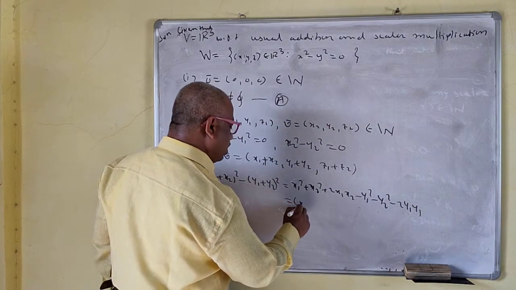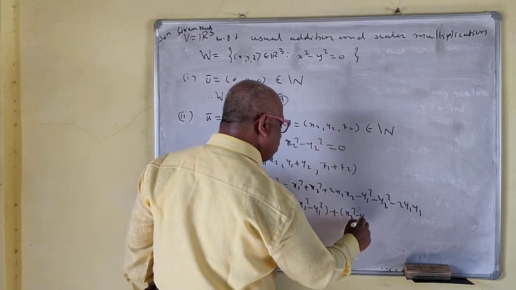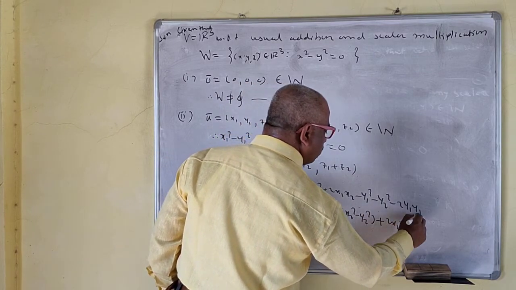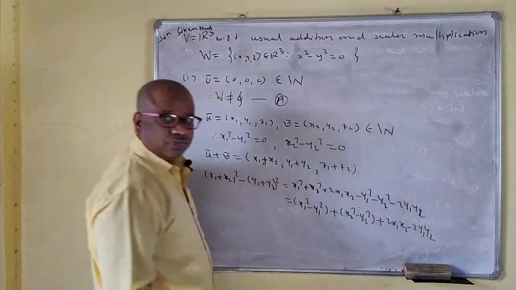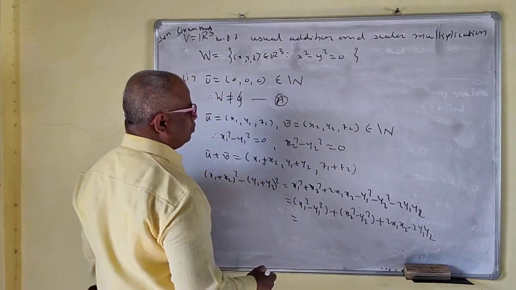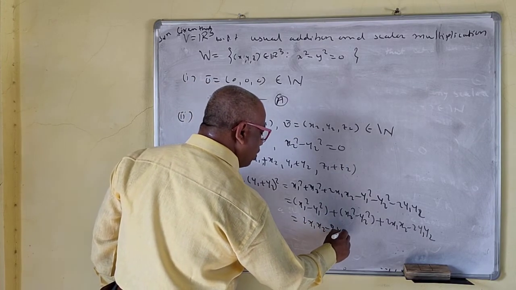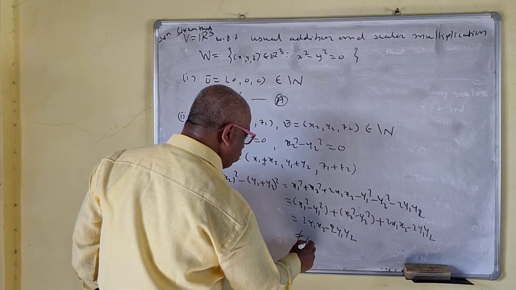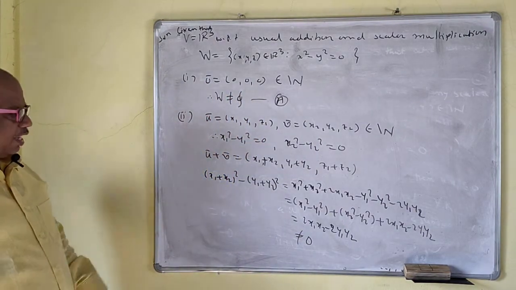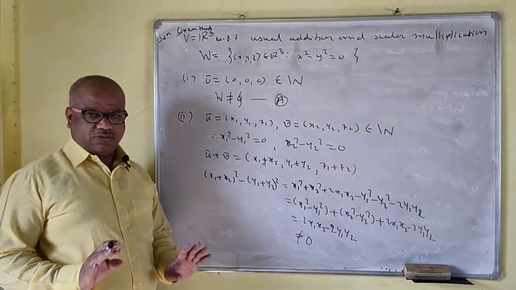So this is x1 square minus y1 square plus x2 square minus y2 square plus twice x1 x2 minus twice y1 y2. Now this is 0, this is 0, but twice x1 x2 minus twice y1 y2 is not equal to 0. It may be 0 but may not be 0, there is a possibility it is not equal to 0.